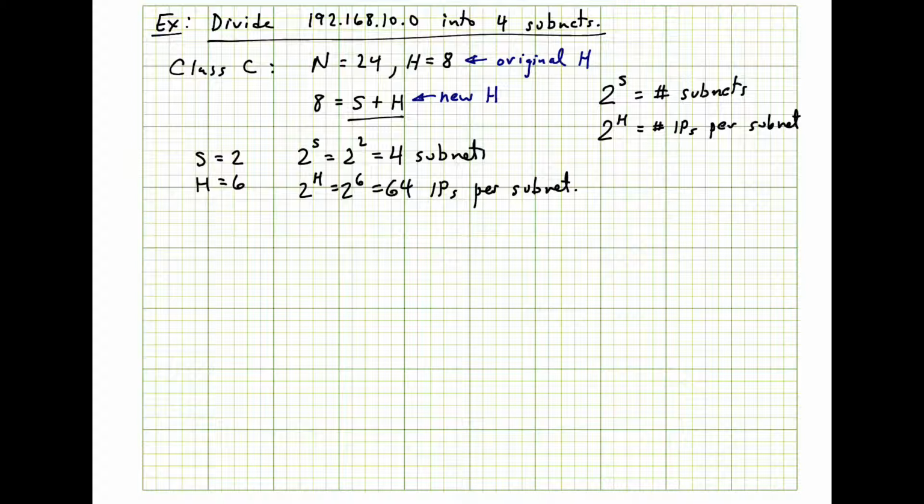And again, I'm going to do exactly the same thing that I did for the previous example. When I divided into 2 subnets, I'm going to divide into 4 subnets, and what I'm going to do is take the original 8 H bits and let them range from all zeros to all ones, and see how it works out when I have 2 S bits.